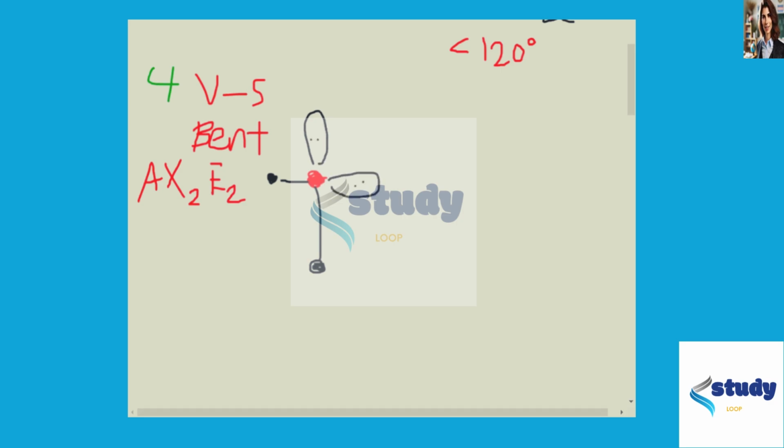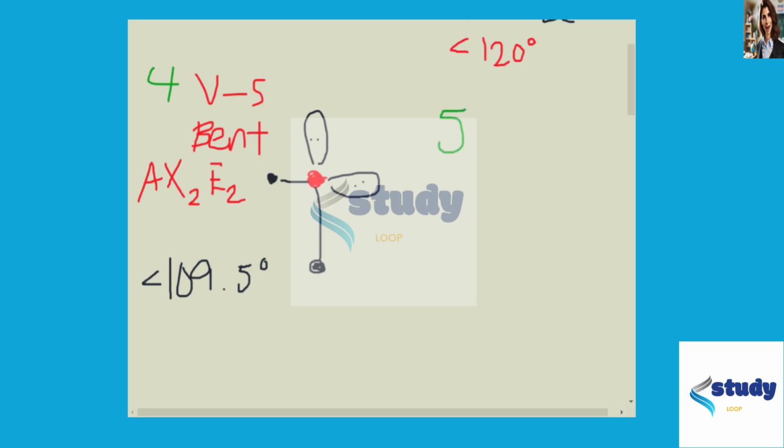And that's what the E2 is, 2 bonds and then 2 lone pairs. Its preferred angle is 109.5, but it tries to get as close as possible.